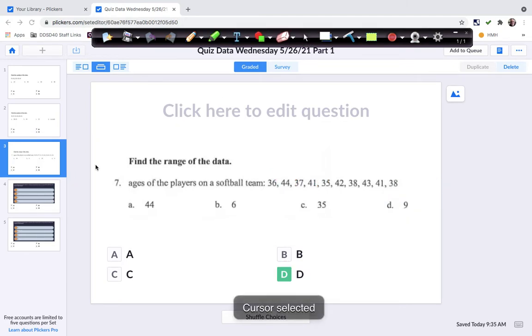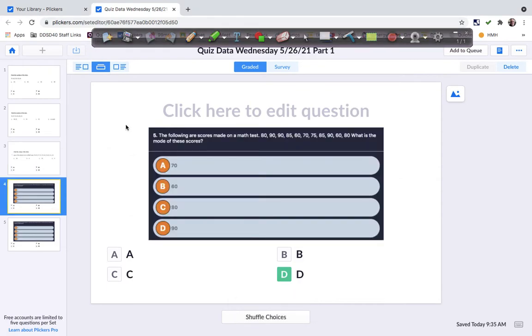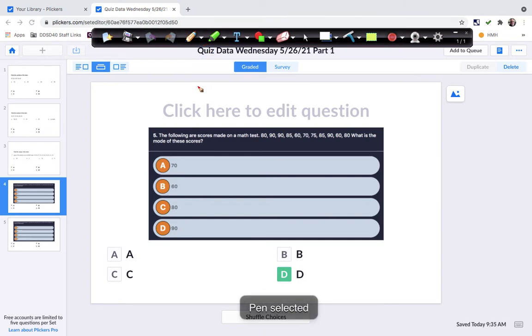Okay, on this next one, I'm going to put these in order and use it twice. So we're just going to put these numbers in order. The smallest number is a 60, followed by a 70, and then a 75. Oops, I had another 60 here, so I'll just put it right there.